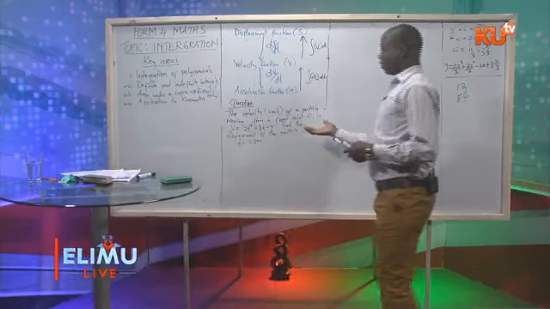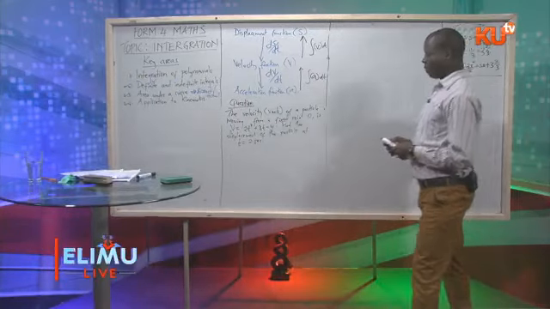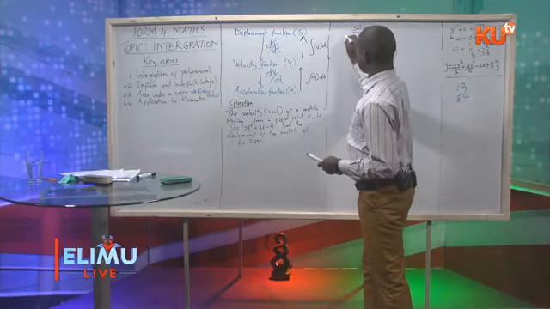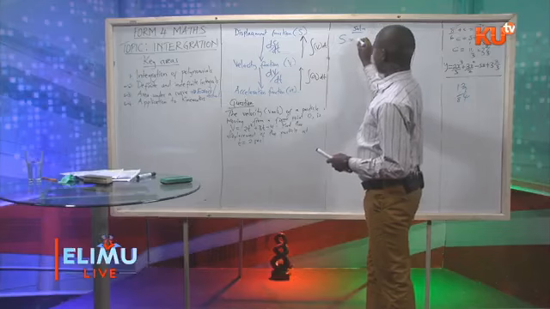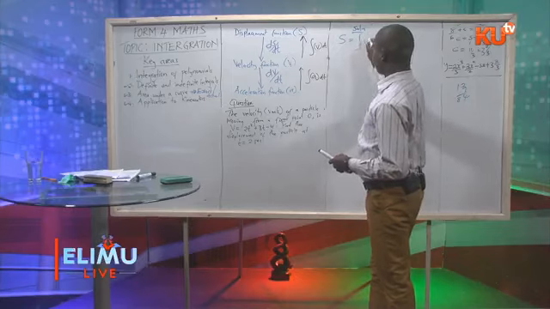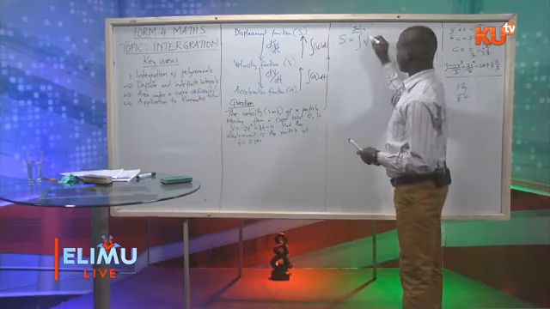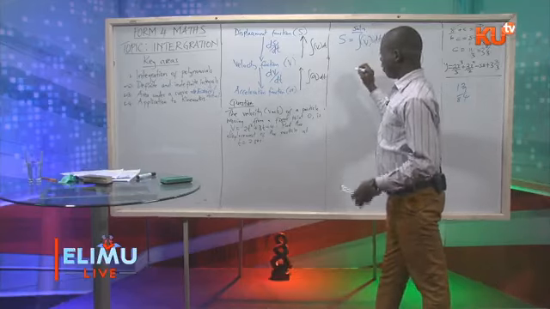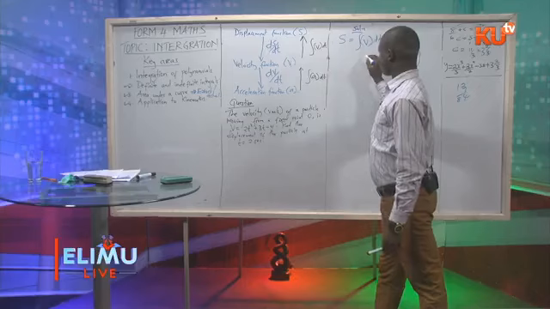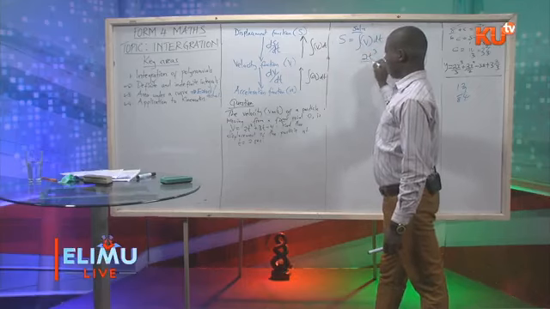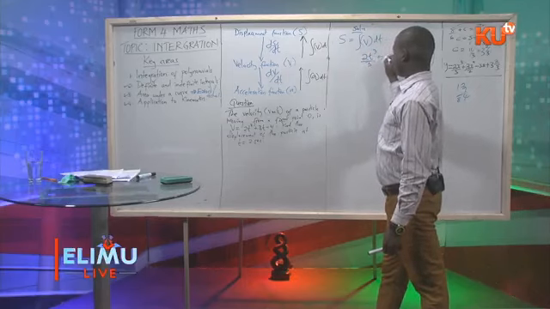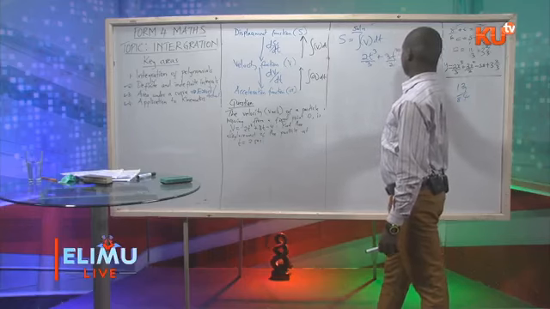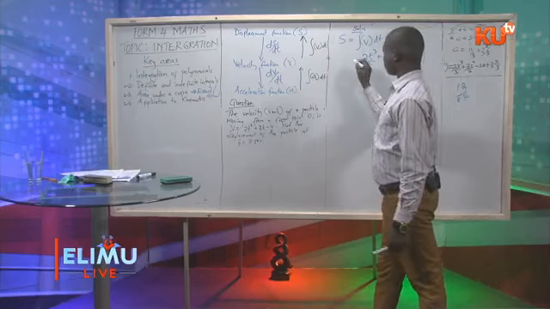So we have the velocity function. To get the displacement s, we integrate the velocity function with respect to t. So we'll have 2t cubed over 3 plus 3t squared over 2 minus 4t plus a c.